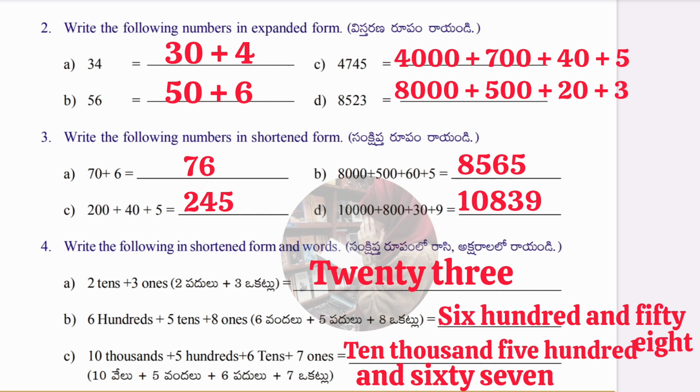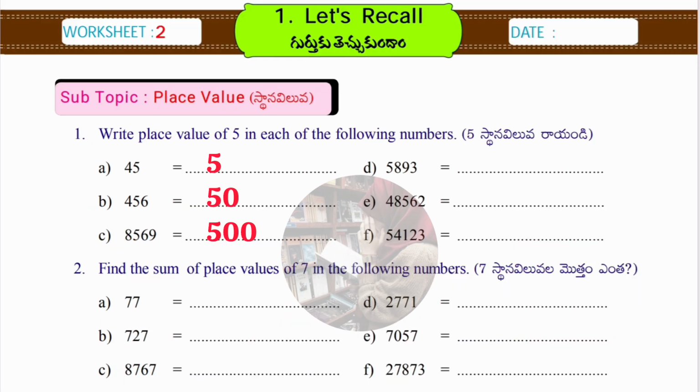Third one, 10 thousands plus 5 hundreds plus 6 tens plus 7 ones can be written as 10 into 1000 means 10,000 plus 5 into 100 means 500 plus 6 into 10 means 60 plus 7 into 1 is 7. Then the final answer is 10,567.